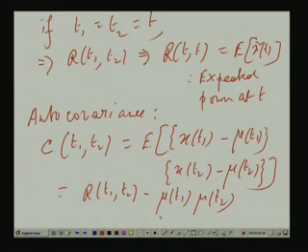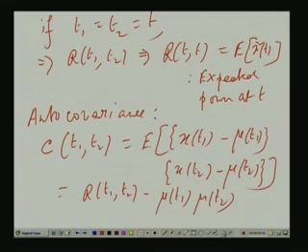You can ask this question: if R t comma t, which is the power, is what is important to us, why do we consider a more general function R T1 comma T2, as if R is a function of two variables? Why not just R t comma t?